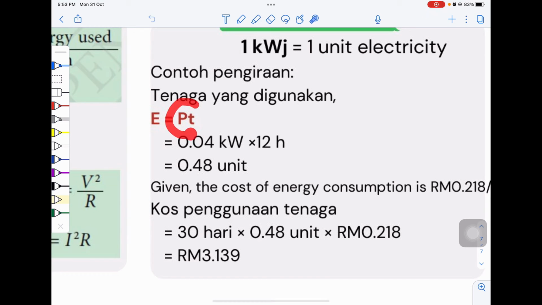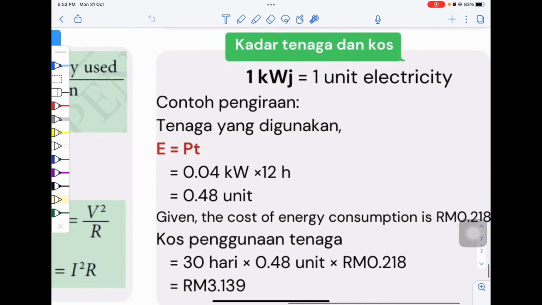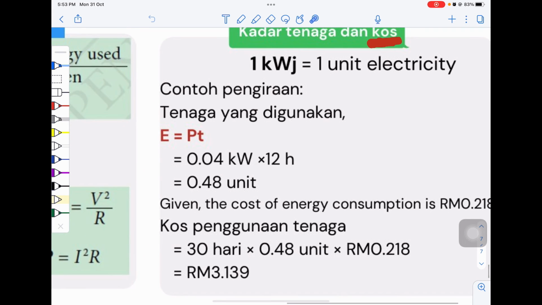You use the formula P times T, so the unit is kilowatt. If the unit is not in kilowatt, you have to change it first into kilowatt, then multiply by time. But for costing, the time must be in hour, because our unit is 1 kilowatt hour.